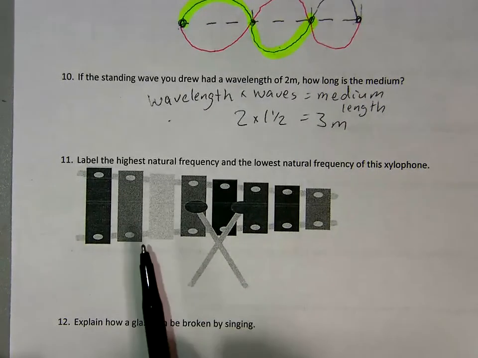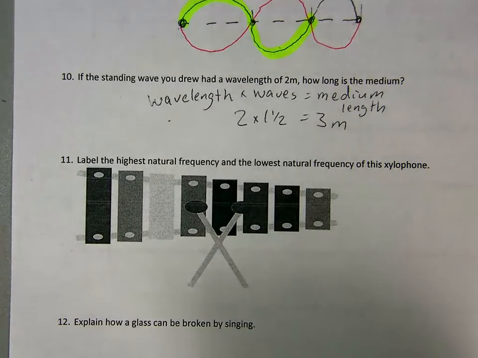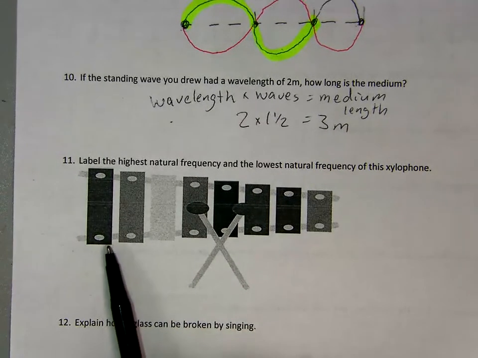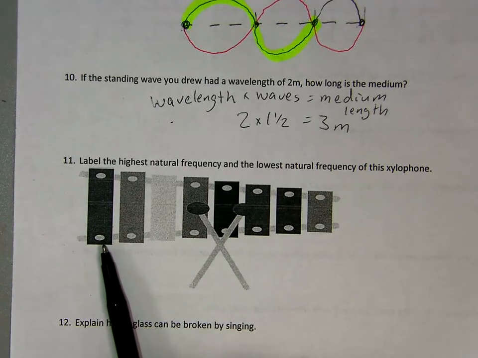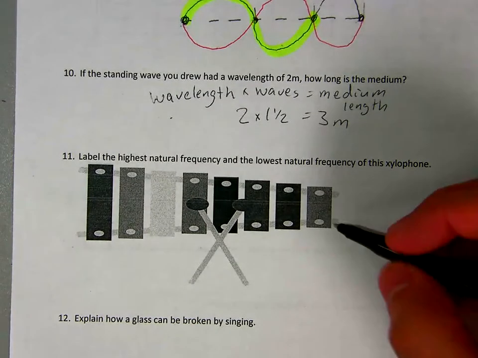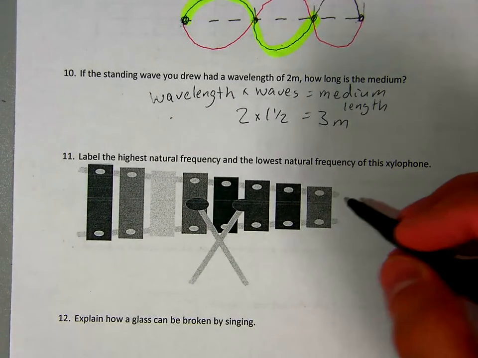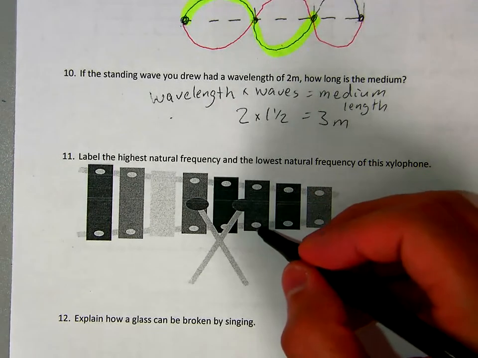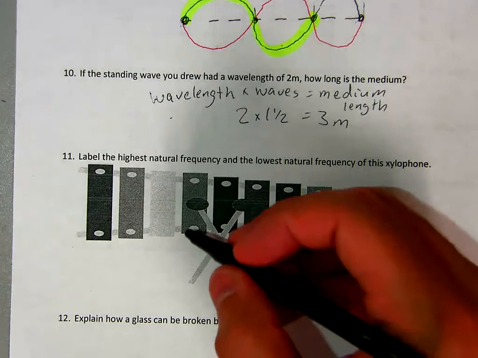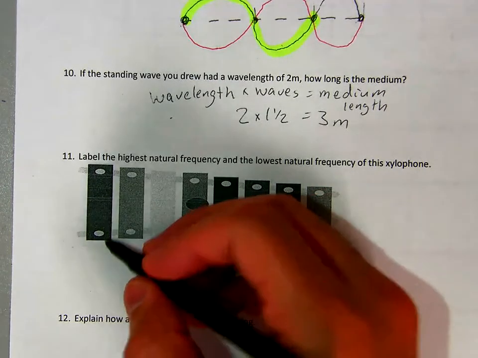On a xylophone and on any musical instrument, the lowest notes are going to be from the longest or largest objects. So, once again, violins are small. They have a higher pitch than a viola or cello or a string bass.